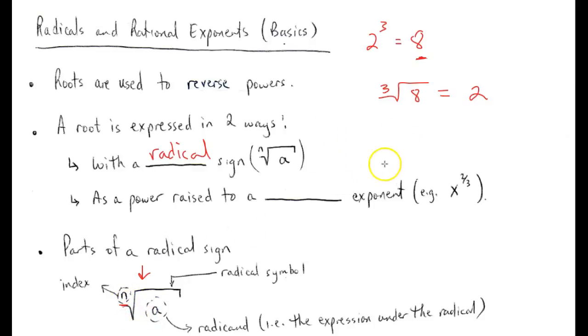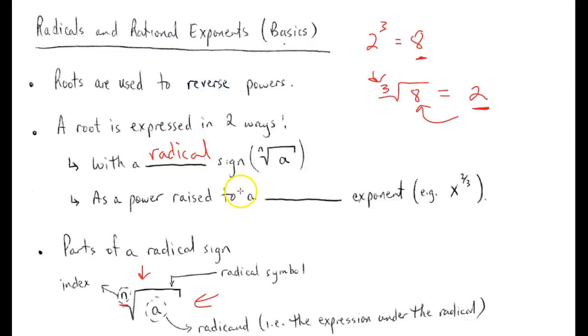If you notice, the index for the example I just did was 3. That tells us how many times we have to multiply this number times itself in order to get that one. So that's what the index means.